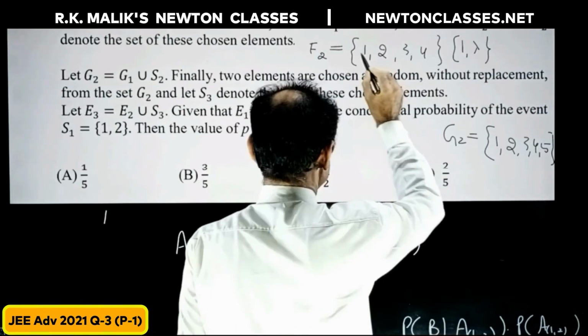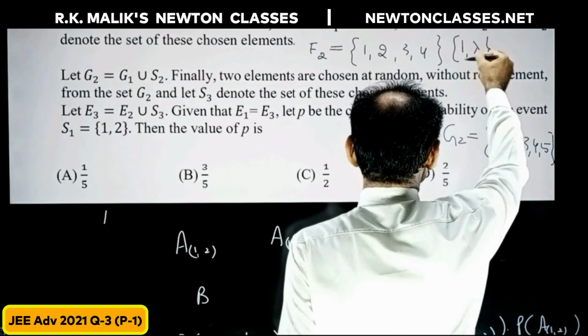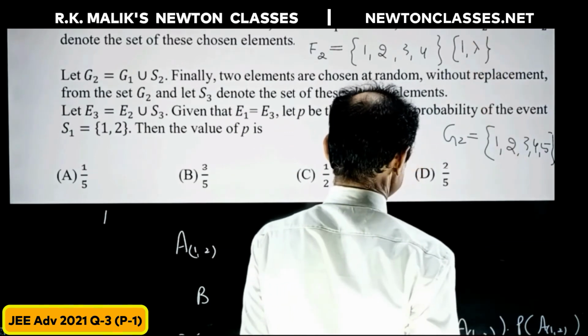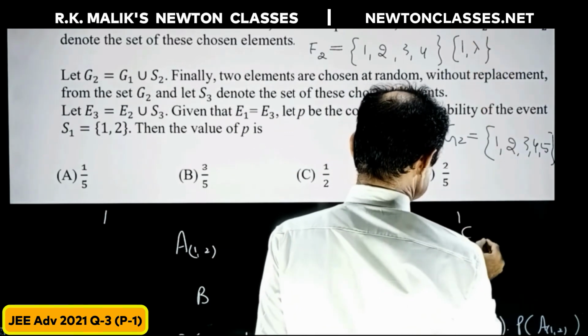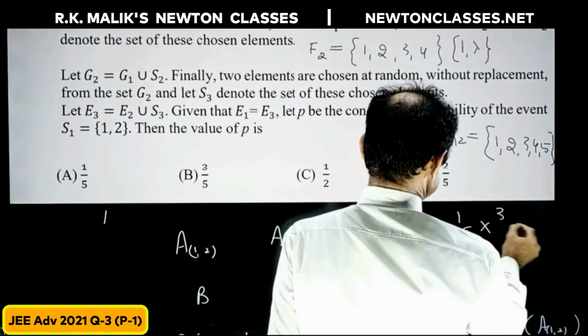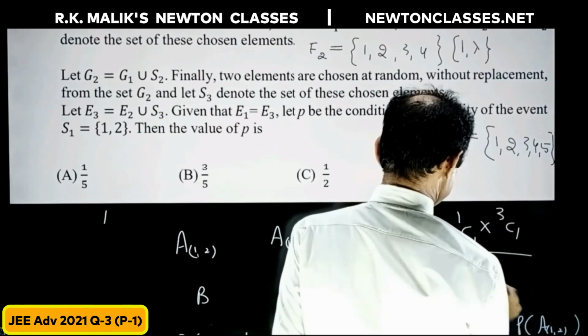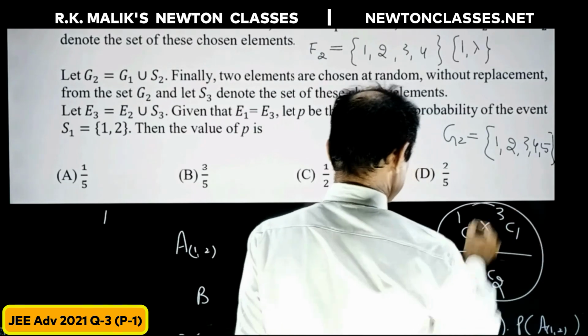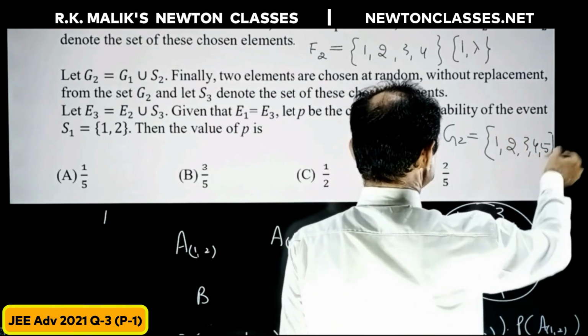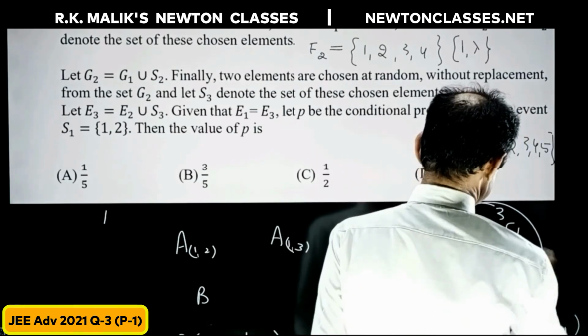In this case, from F2, the chosen pair will be of the form 1 lambda. The probability of this becomes 1C1 into 3C1 upon 4C2.